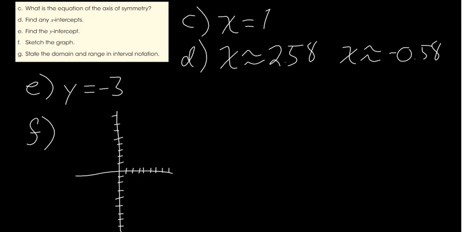Okay. So my vertex, again, was at 1, -5. So I'm going to go over one on the x-axis and down 5. So 1, 2, 3, 4, 5, right here. We know that we open upward, so we're going to be going up like this. Next, my x-intercepts were at 2.58, so about 2.5, so about right here.